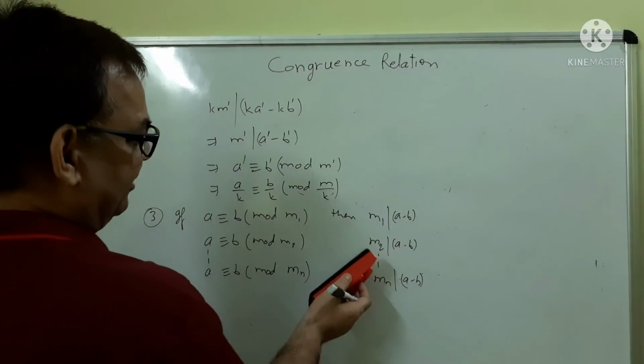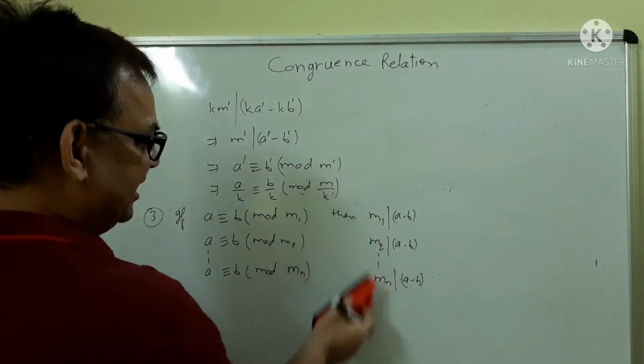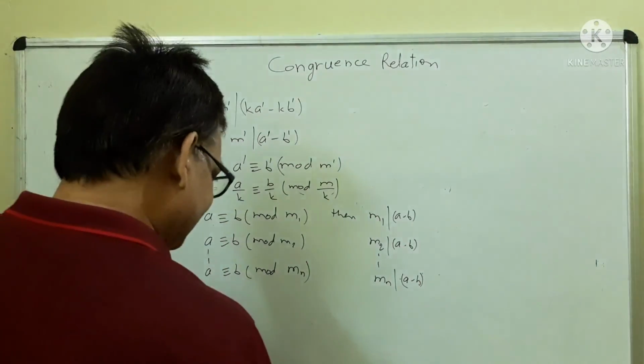If m1, m2, up to mn all divide a minus b, then their LCM will also divide a minus b.